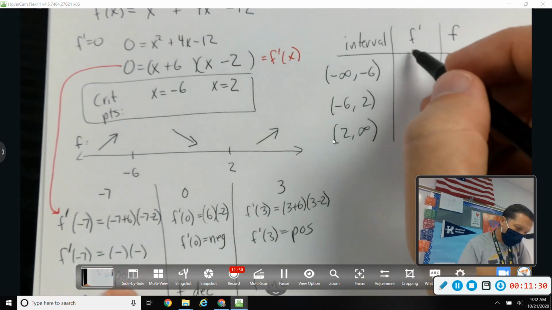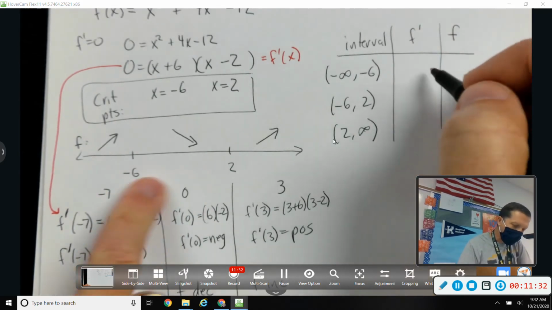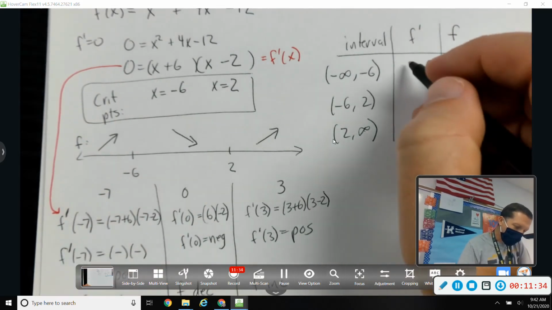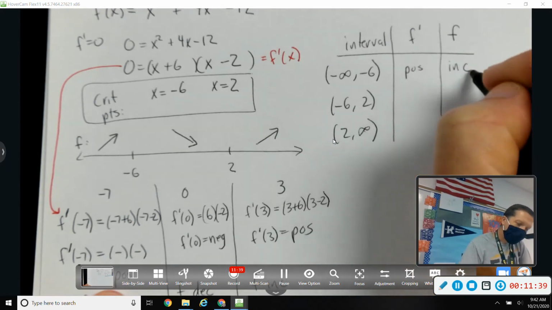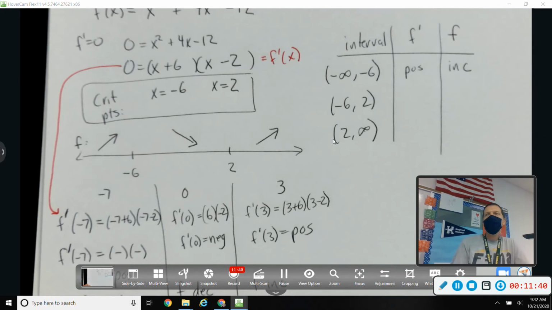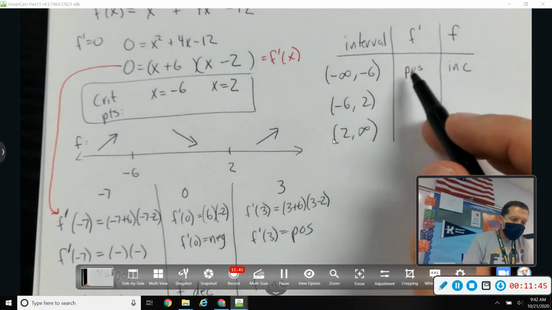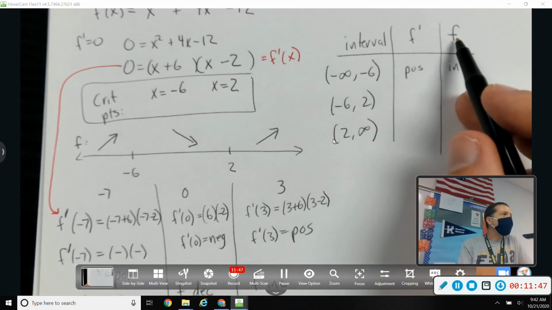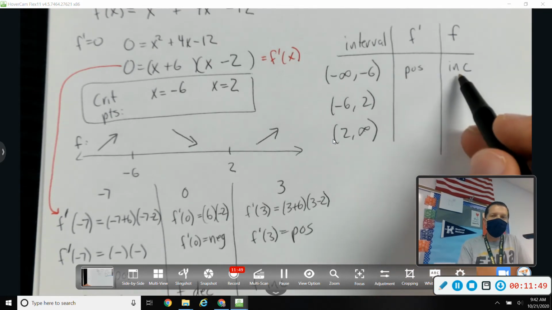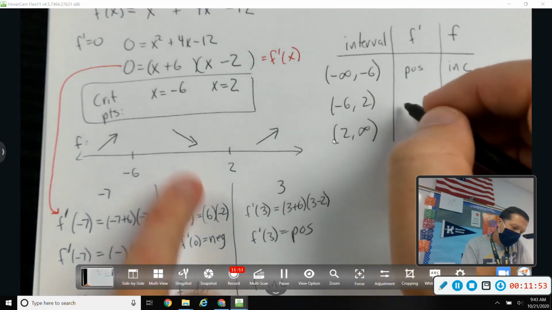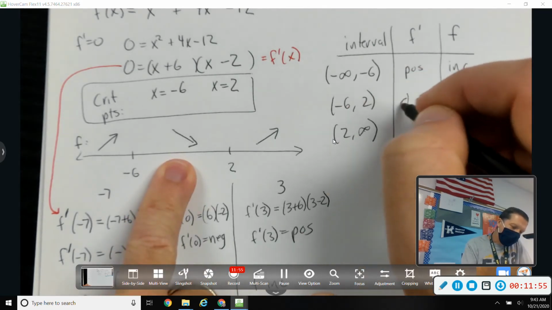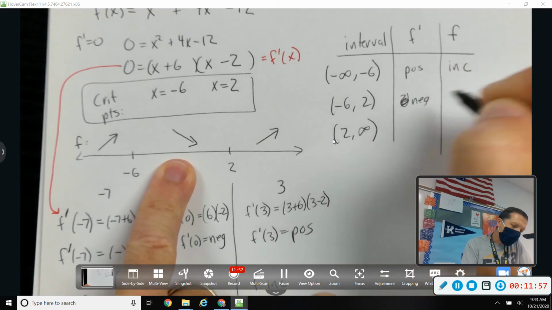Let's see, f prime, I already have all this information, I just have it in a different format here. F prime was positive, that means that f is increasing. Okay, don't get those backwards. F prime positive doesn't mean that f is positive, it means that f is increasing. Second interval, f prime was negative, almost wrote the wrong thing.